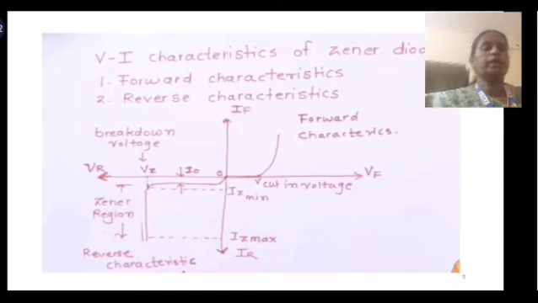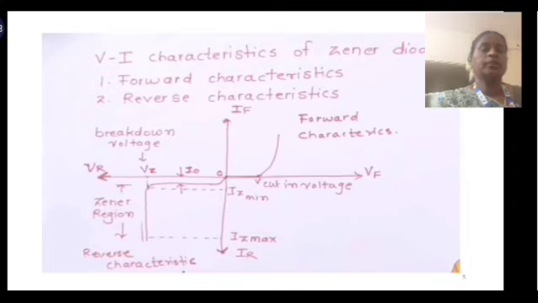If we compare the forward characteristics of the semiconductor diode and the Zener diode, both are the same. And in the reverse category, in a semiconductor diode, only the reverse leakage current I0 will be there.